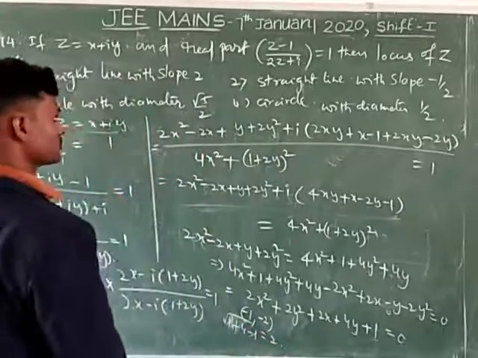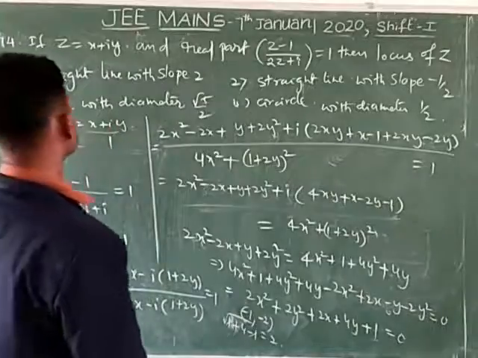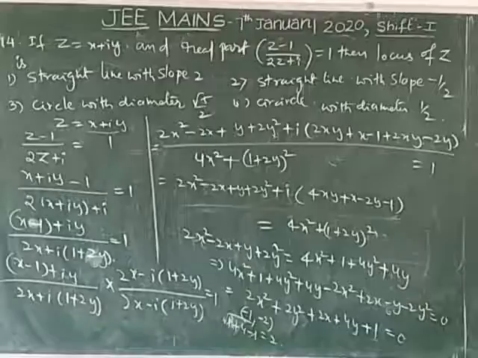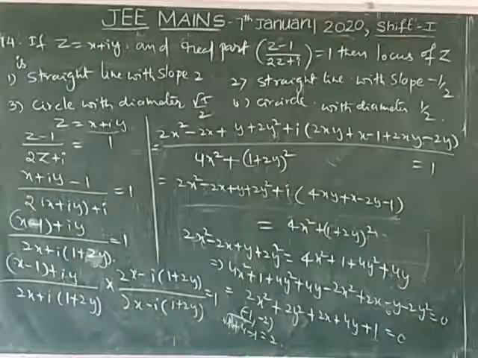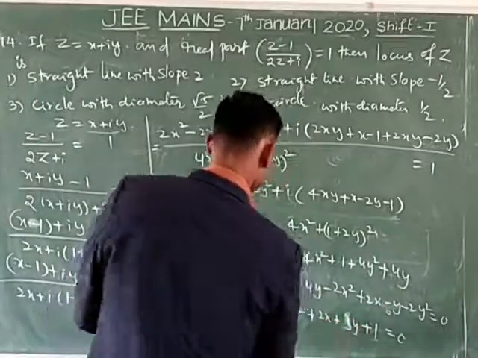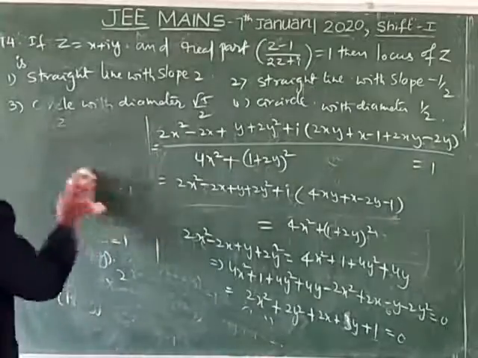Then the diameter is how much? It is a circle. Here one small mistake: 4y minus y is equal to 3y. Now see here, this is a circle.